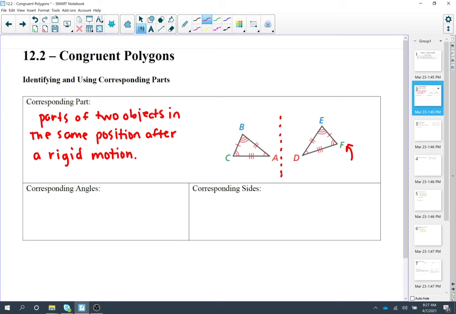Now, if you have congruent figures, corresponding angles are congruent, meaning they're the exact same measure.